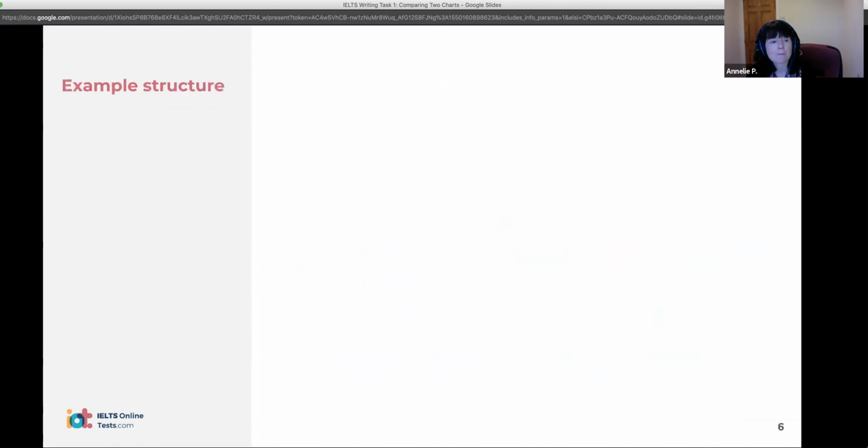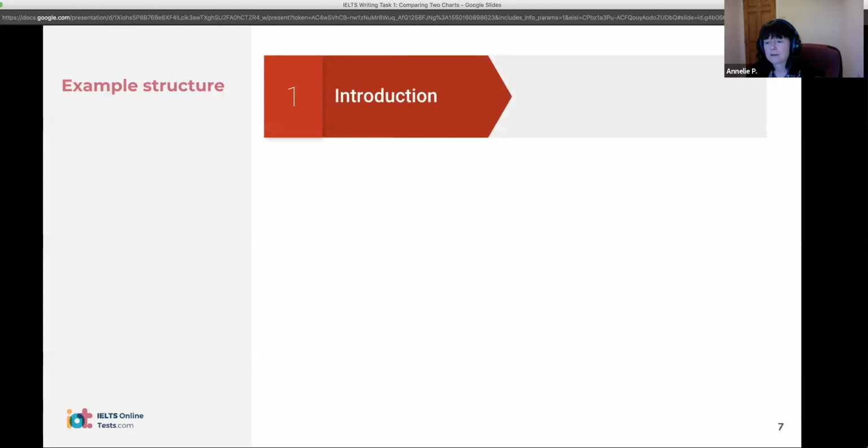Okay. So going back to the structure, same structure that we usually have for the task 1. Can anybody tell me what the 3 different elements are for a task 1 structure? Okay, very good. We're going to start with the introduction.